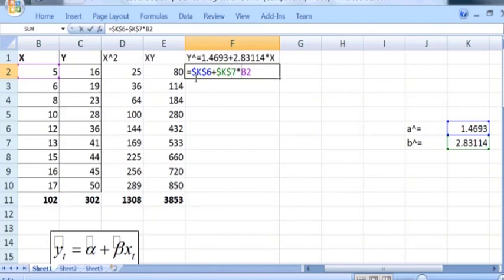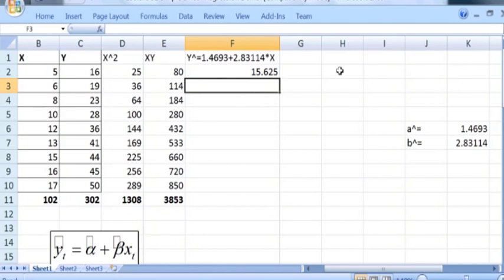I'm not using dollars with B2 because when I copy it down, B2 will change to B3 and then B4. So we will get the y hat, or estimated value of y, for each of these x values. Press enter. So this is 15.625.